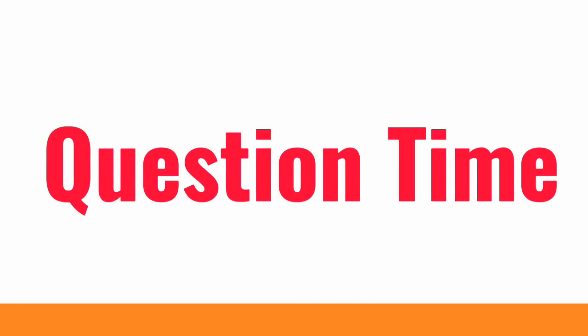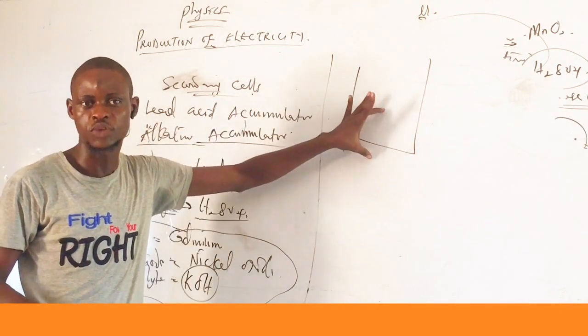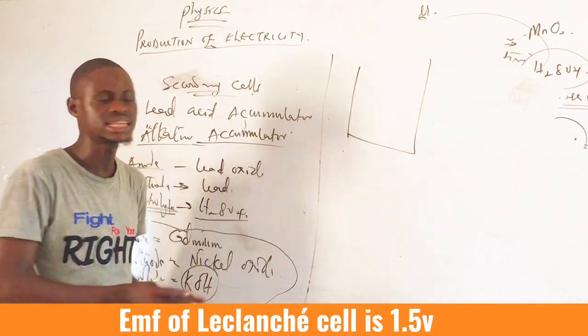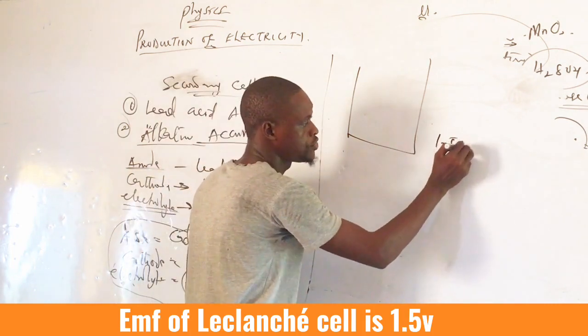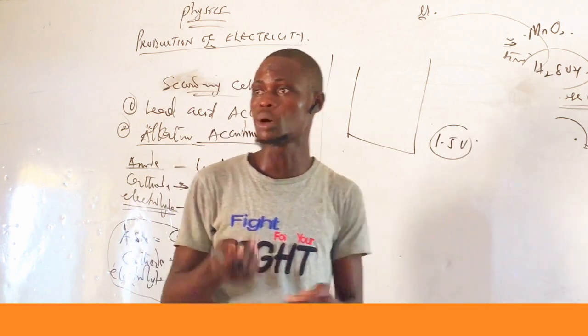I'm taking only 3 questions here. For the first question, what is the EMF of a freshly charged Leclanché cell? If a Leclanché cell is made at the first instance, it has an EMF of 1.5 volts. An example of this Leclanché cell is your normal battery.